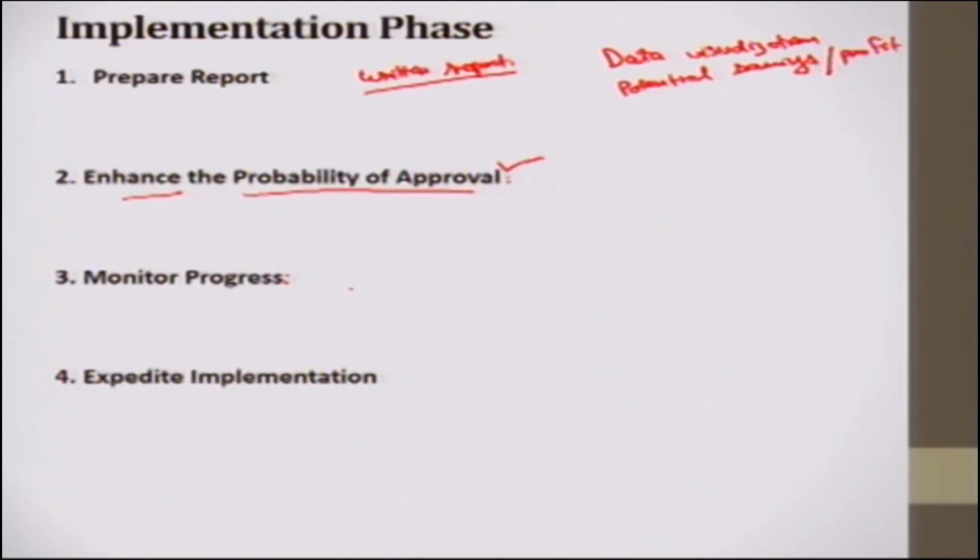The value engineering team should ensure that implementation is actually achieved. So this has to be a sustainable plan. Sustainable doesn't mean environment friendly. Sustainable means it should be implementable, it should be realistic.